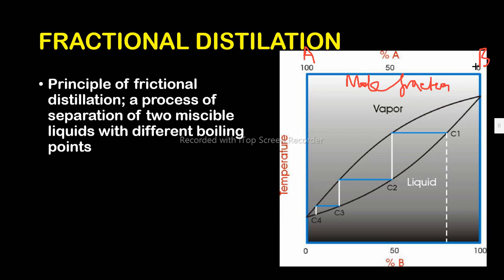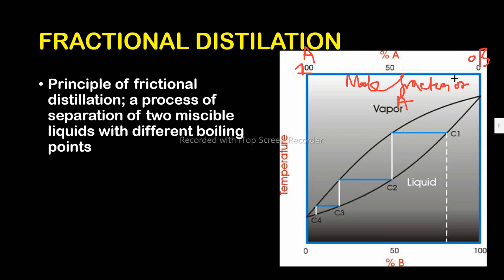They can say mole fraction of A, and they write 0 here and 1 here. So it means still, this is pure A and this one is pure B.